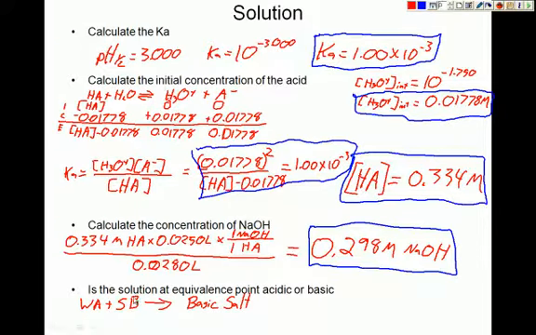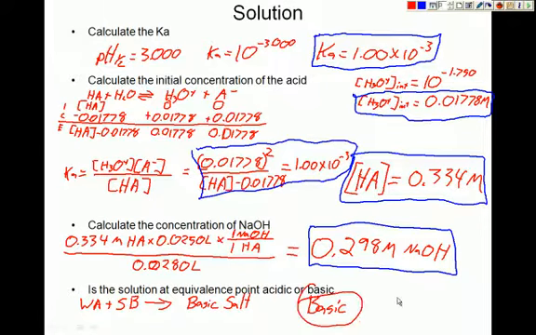A strong base does not make a strong acid. Since all weak acids make a conjugate weak base, the salt is going to be basic, and therefore at equivalence point the solution is going to be basic.